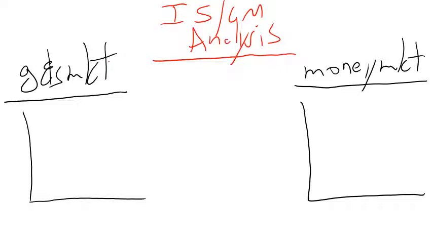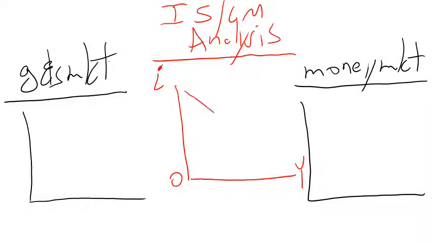And here in the middle somewhere, we will have the ISLM model. So, in the ISLM model, we have the interest rate on the y-axis, and we have Y, or GDP, on the x-axis.